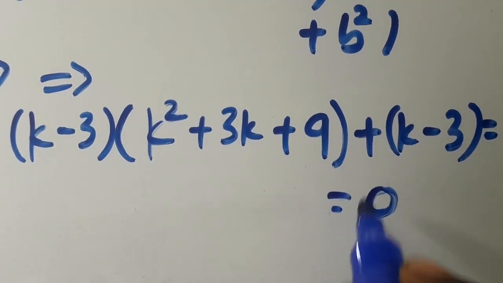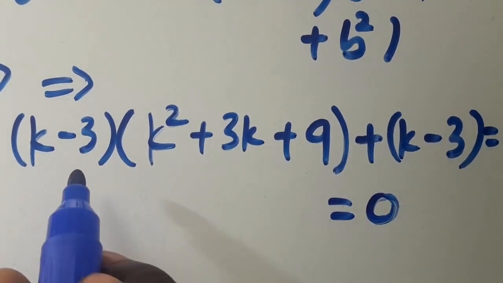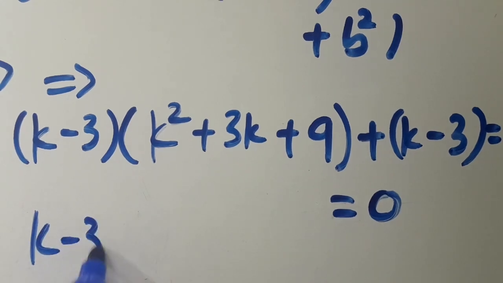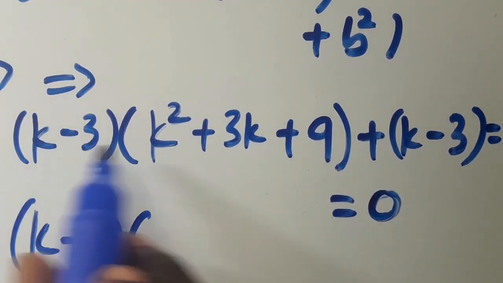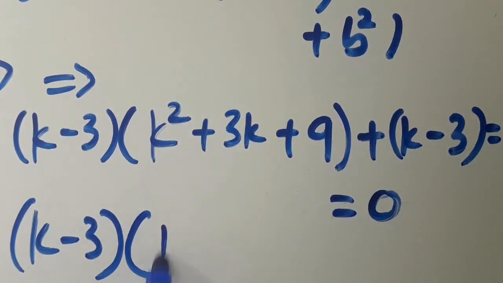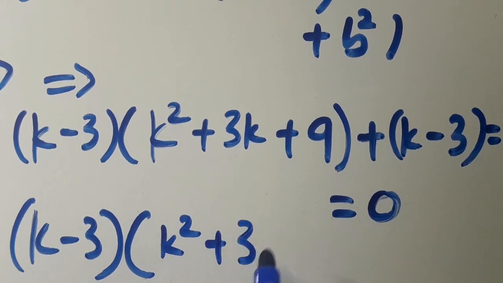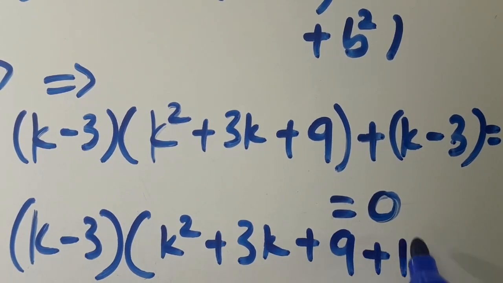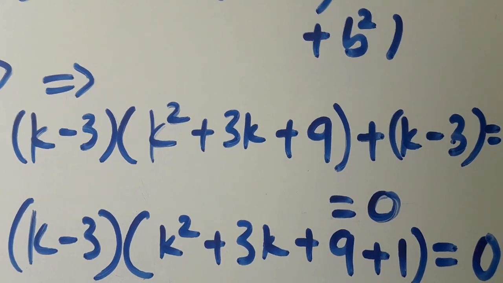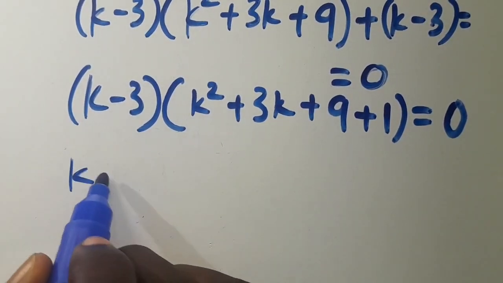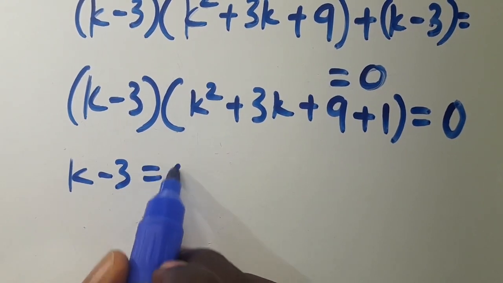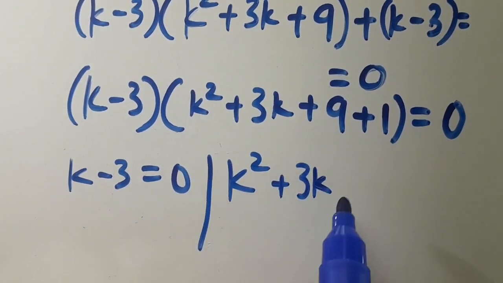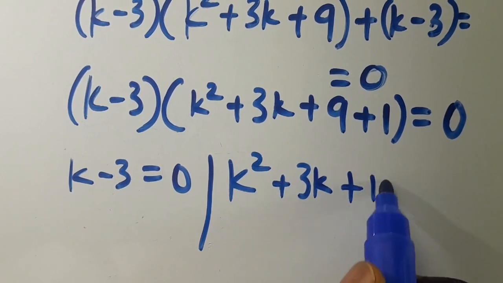So everything equals 0. From here, k minus 3 is common, so we can factor it out. We have k minus 3 multiplied by k squared plus 3k plus 9, and the other term divided by k minus 3 gives plus 1, with everything equal to 0. So we have k minus 3 equals 0, or k squared plus 3k plus 10 equals 0, since 9 plus 1 is 10.